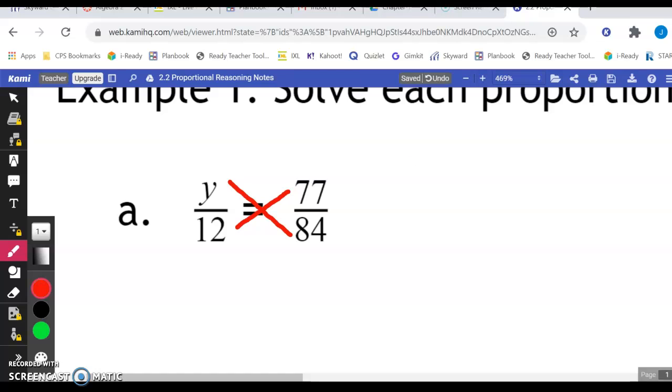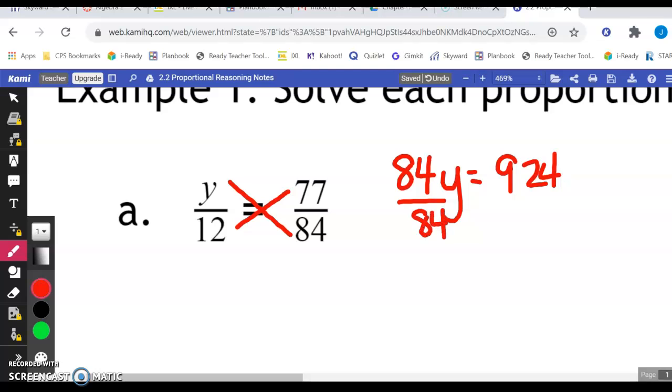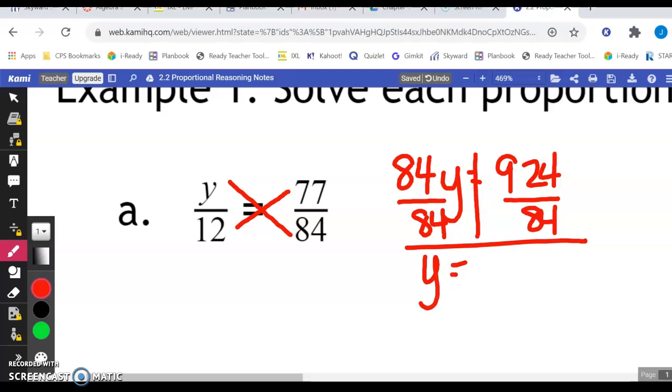So y times 84 would be 84y. And then 77 times 12 would be 924. And then we would have to divide both sides by 84. And we would have y equals 11. So that's a way to set up the equation and to solve.